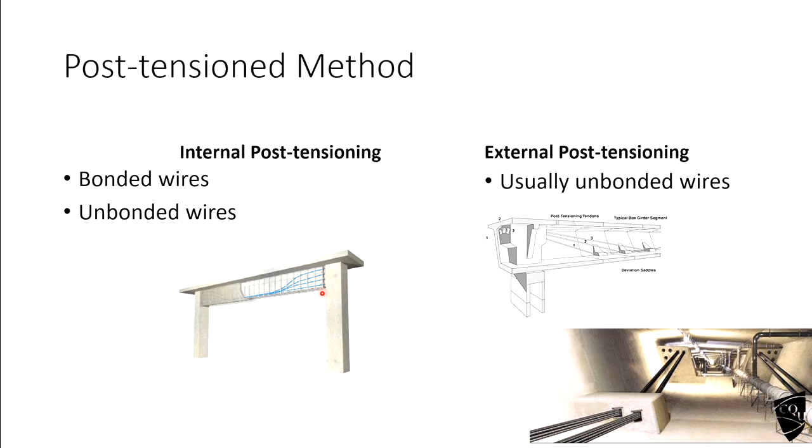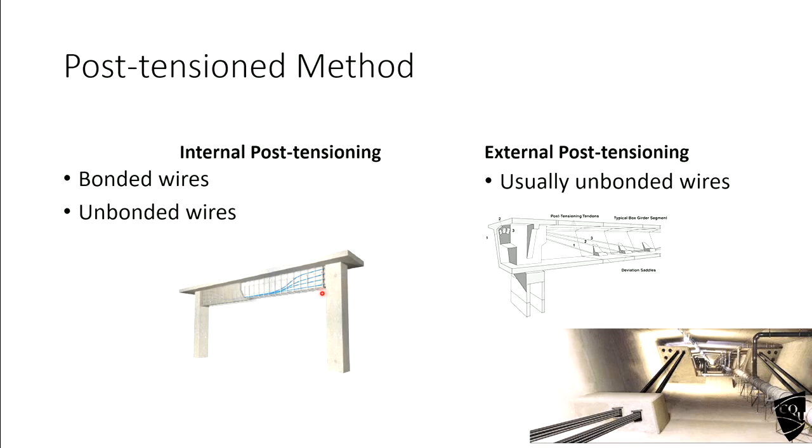If you look at external post tensioning, as I told, the advantage is we should be able to reduce the self weight significantly, because we should be able to select a smaller section or a hollow section compared to other post tensioning or other pre-stressing members.